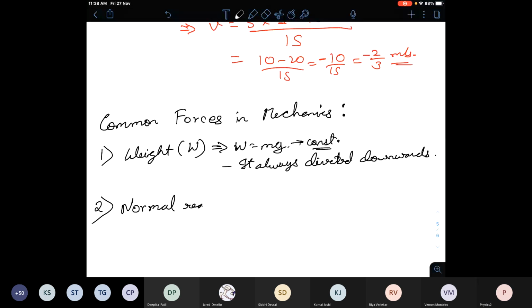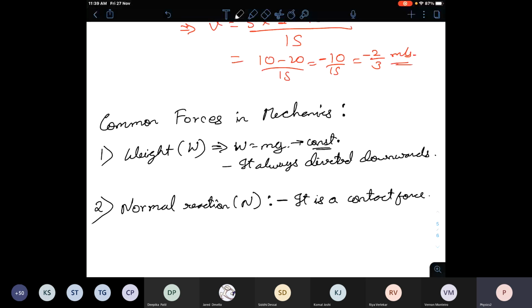Second is normal reaction, denoted by N. About normal reaction, you have to understand that it is a reaction force. That means there must be some action to create reaction. It is also called a contact force.